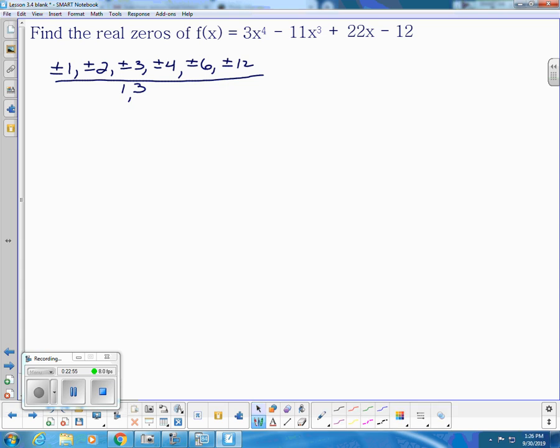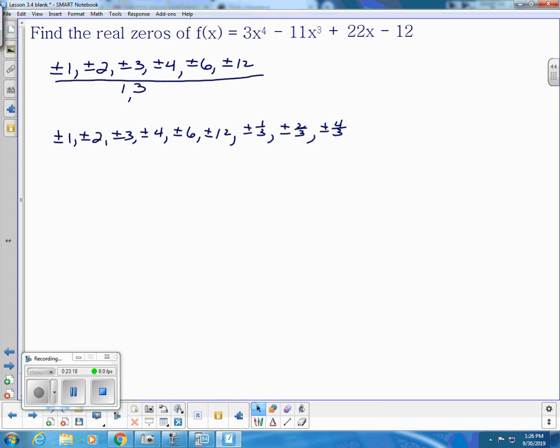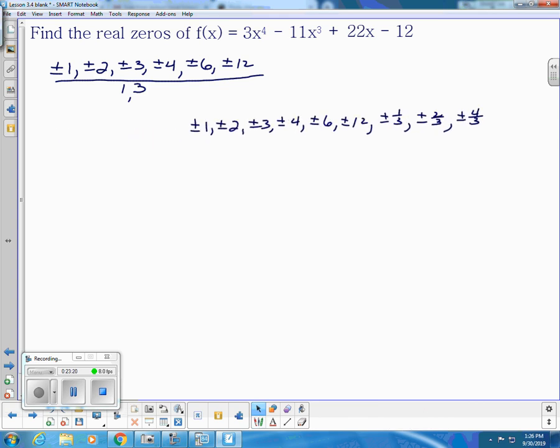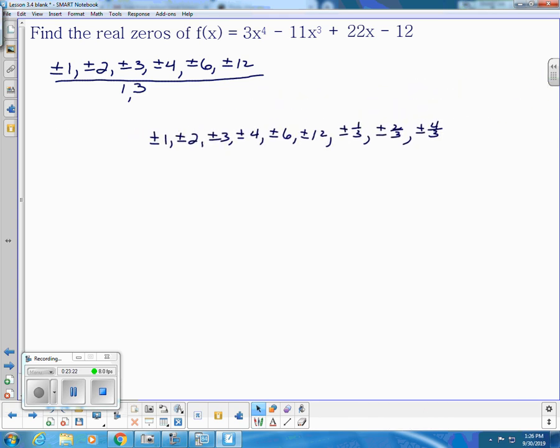So, we have plus or minus 1. Okay. 1 over 3. 2 over 3. 3 over 3 is already listed. 4 over 3. 6 over 3 is already listed. 12 over 3 is already listed. So there's our possibles. Let's leave them right here.